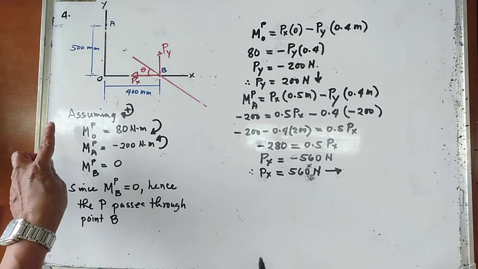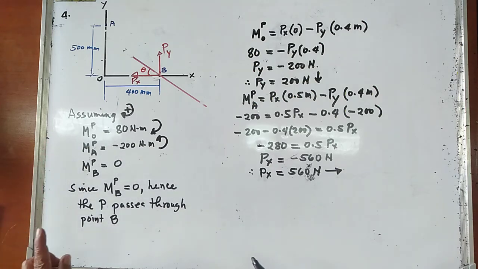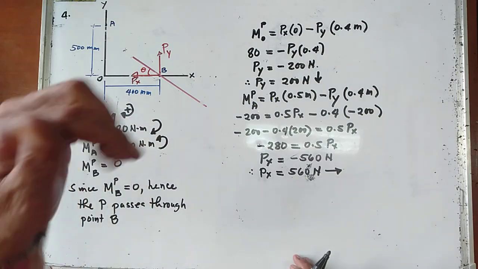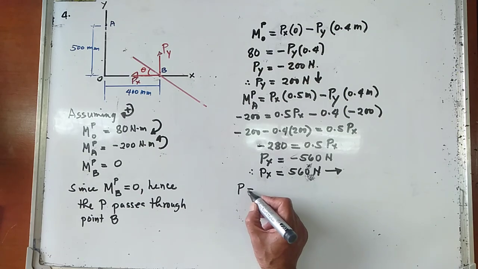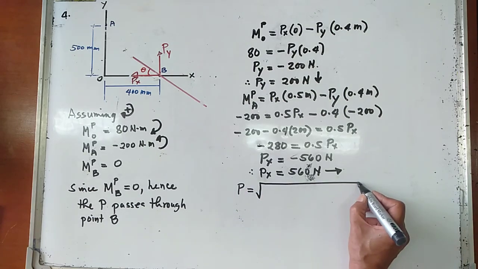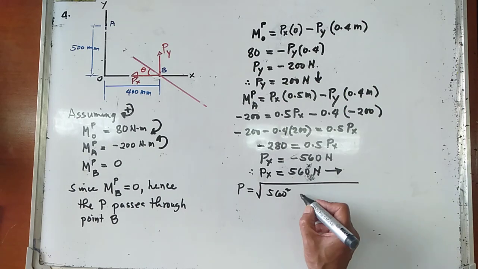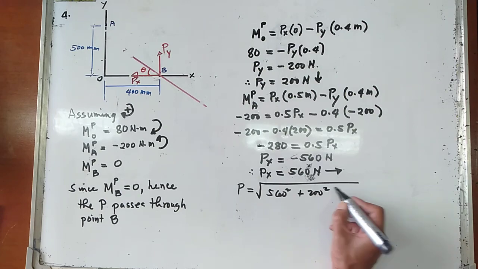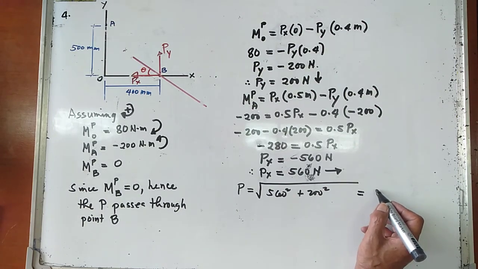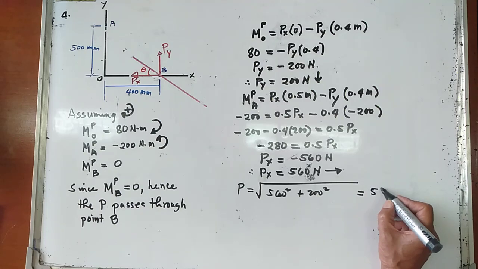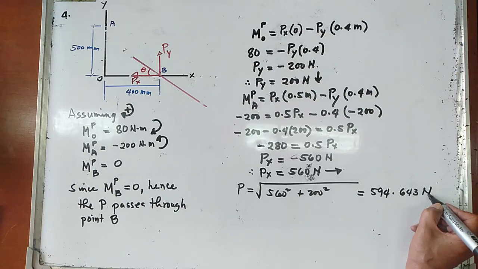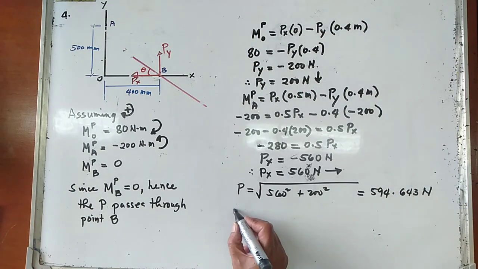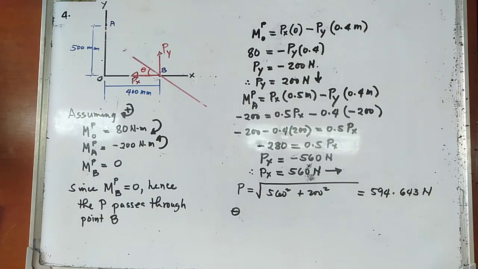So if we assume clockwise moment to be positive, P is going down to the right. However, the magnitude of P is still equal to the square root of 560 squared plus 200 squared, which is still 594.643 newtons.